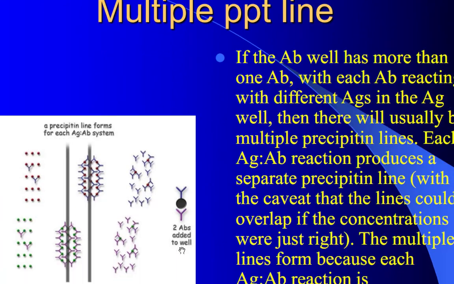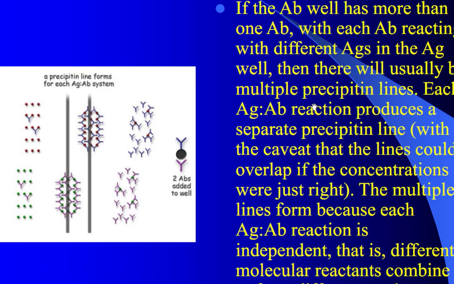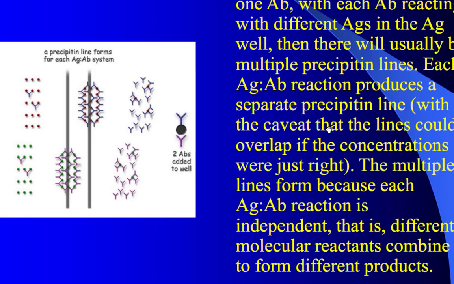Multiple precipitate lines form if the antibody well has more than one antibody, each antibody reacting with a different antigen in the antigen well. Each antigen antibody reaction produces a separate precipitating line, with the caveat that the lines could overlap if the concentrations were just right.